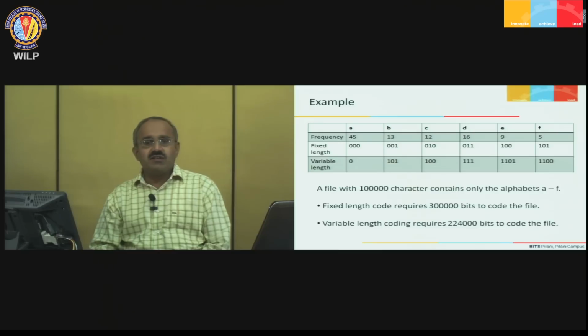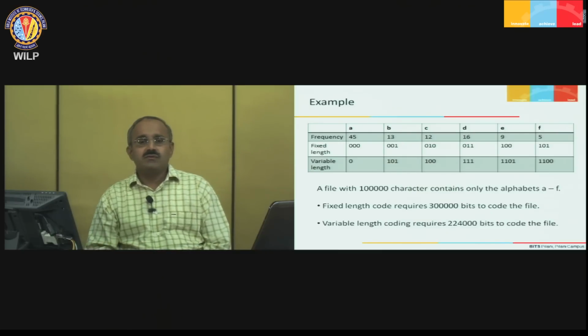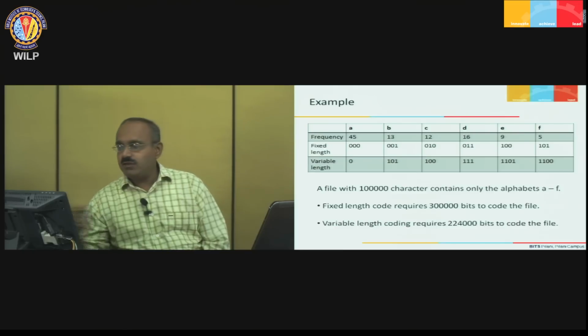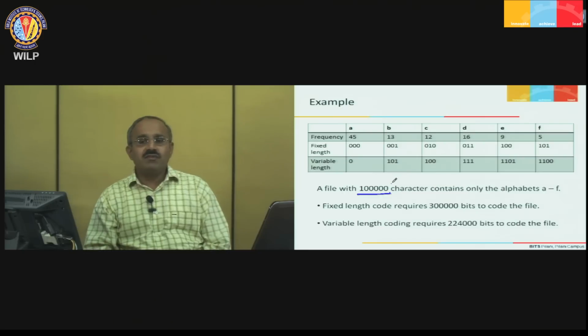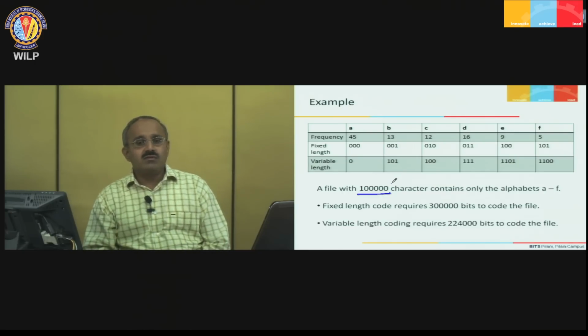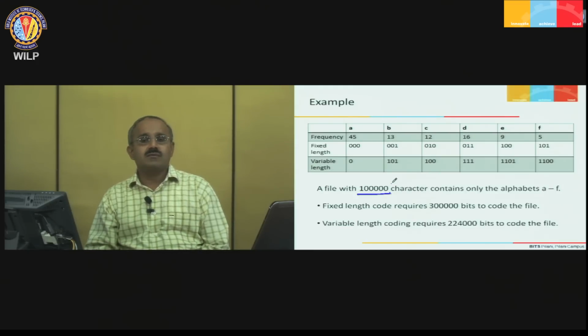Let us try to illustrate this with an example. Now, suppose we have a file which has this many characters and which contains only the alphabets A to F. We also know the frequencies of all these alphabets in the file.